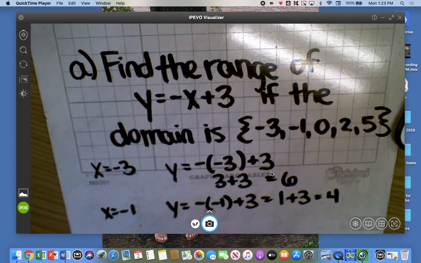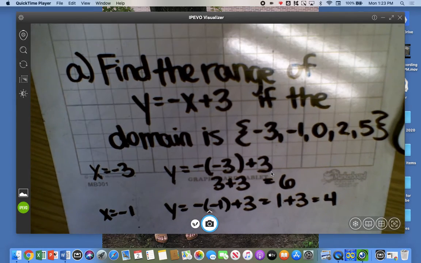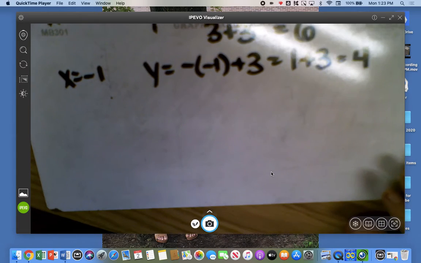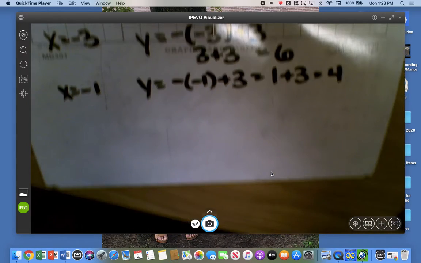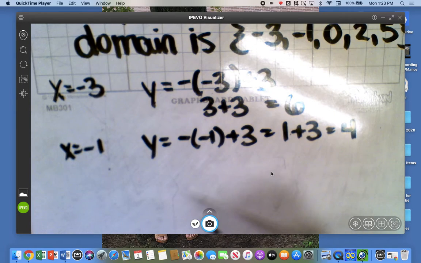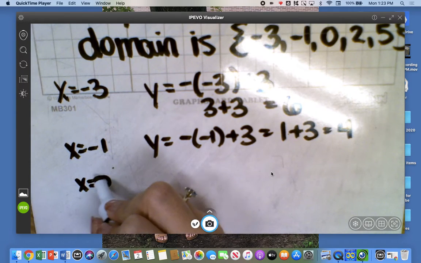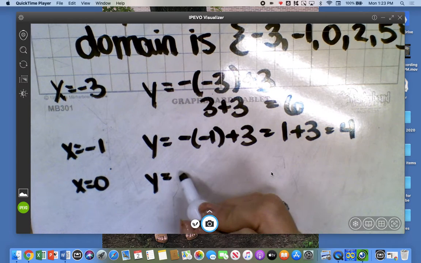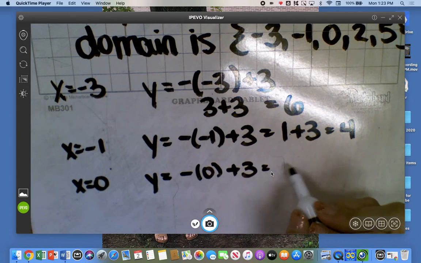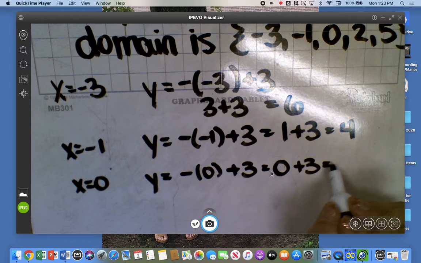Bear with me, I'm moving my camera just a little bit. All right, our next value is when x is 0, so y would be equal to -0, or just 0, plus 3, which is 3.